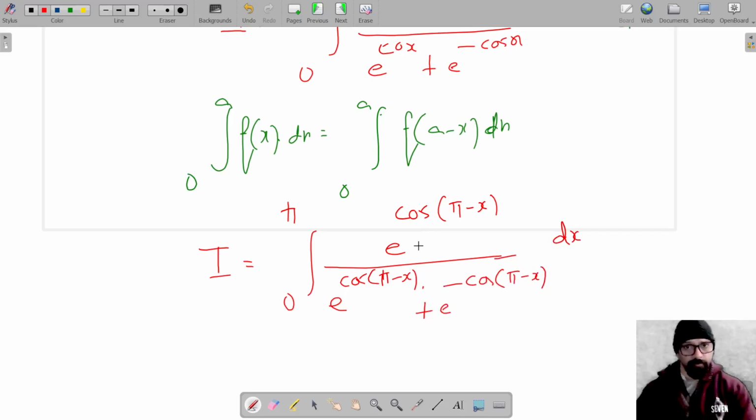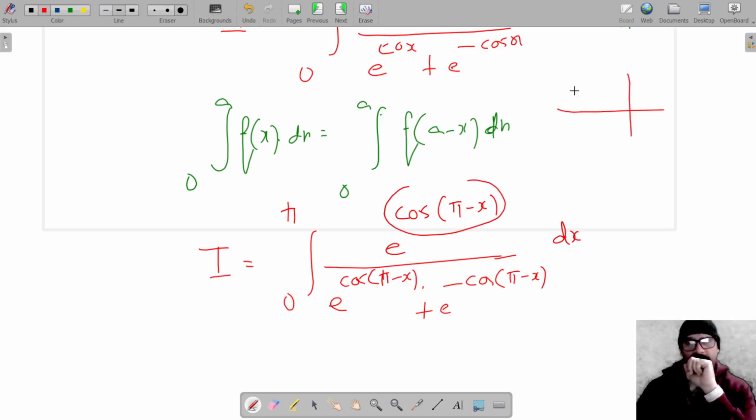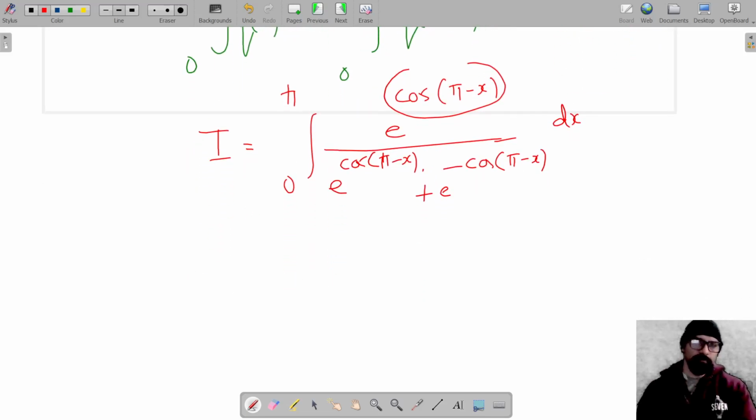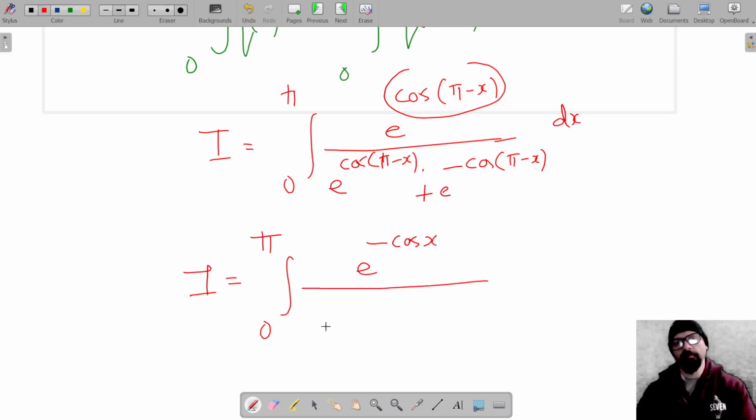Okay, so we have used this property, and now cos of pi minus x is in the second quadrant where cos is negative. So this becomes I is equal to integral 0 to pi e raised power negative cos x upon e raised power negative cos x plus e raised power, negative of cos x will become positive, into dx, this second equation.